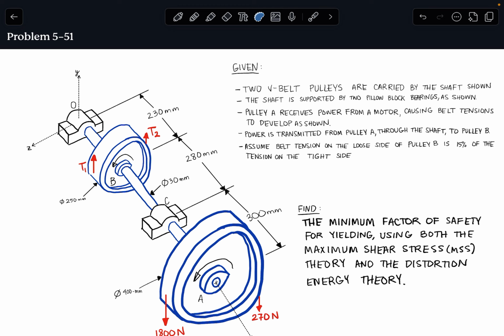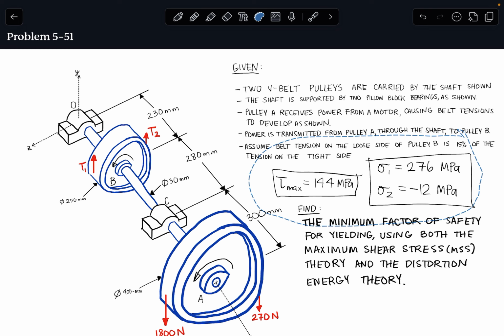We worked out where the location of maximum bending moment is, and then we worked out where the location of maximum tensile stress due to bending is, and that was at point C here, so near this bearing here, and we worked out the maximum shear stress and the maximum principal stresses, which I've just pasted here, and these values, excuse me, are all that we're going to need to solve this problem 5-51.